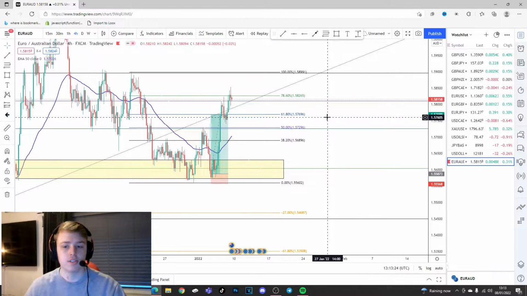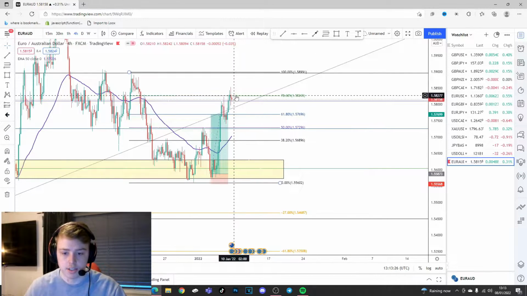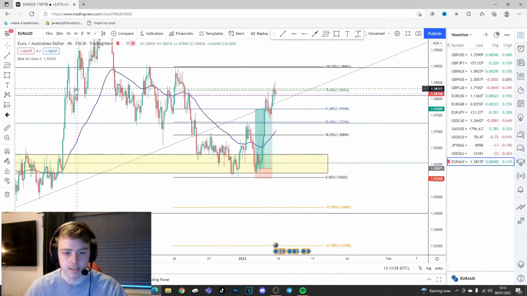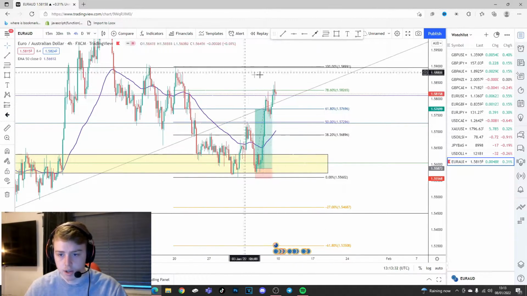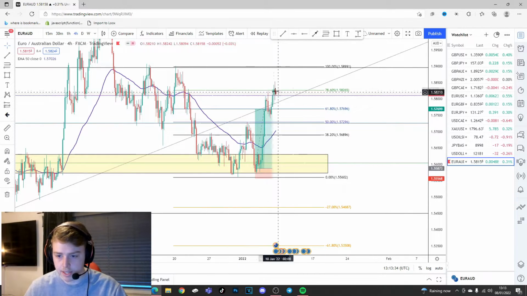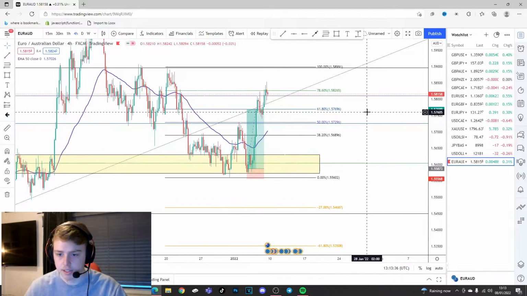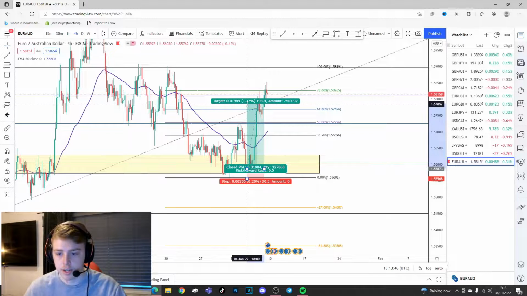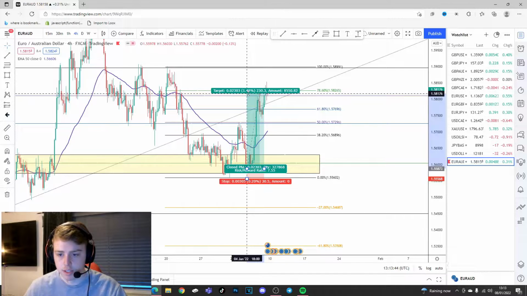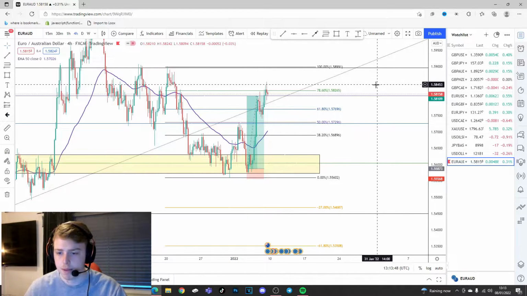So it just told me that that's a good target, as well as the structure levels here, like these highs here, which would have obviously invalidated the fib because it went past 78.6. However, I did hold this trade, and I did tell my members to hold this trade up to the 78.6, I believe. Yeah, so I closed out at about 223 pips.